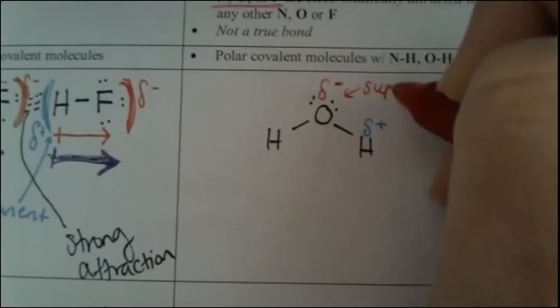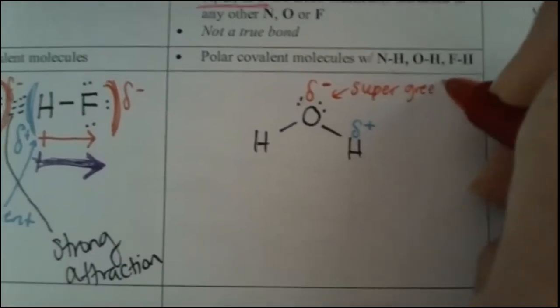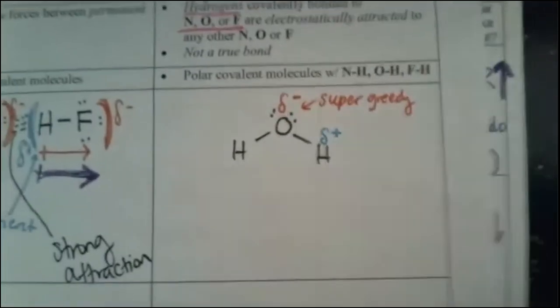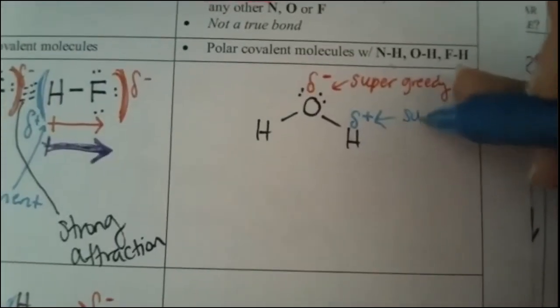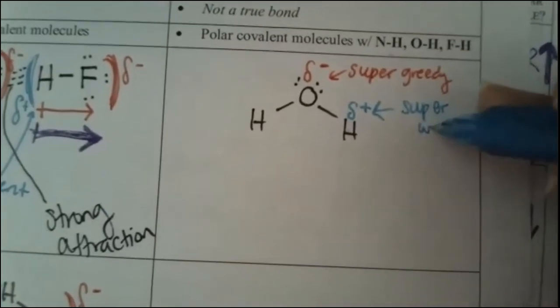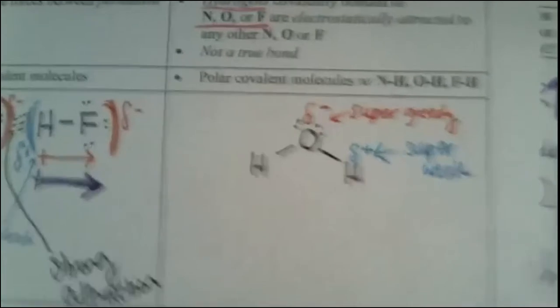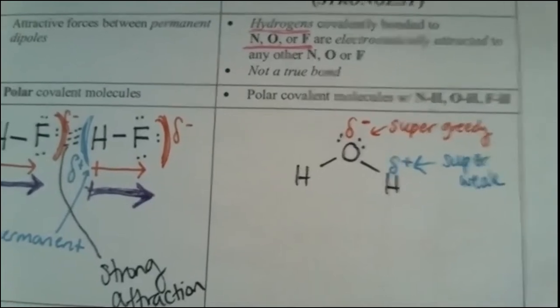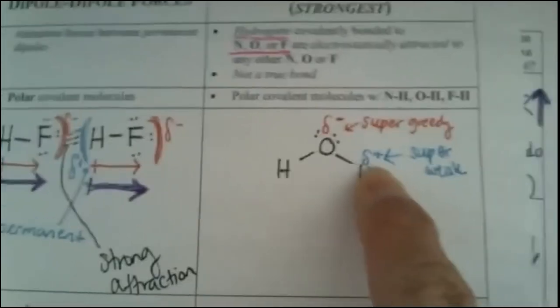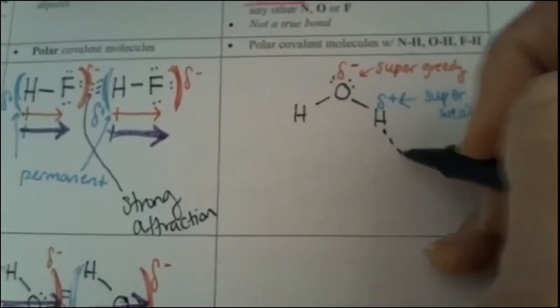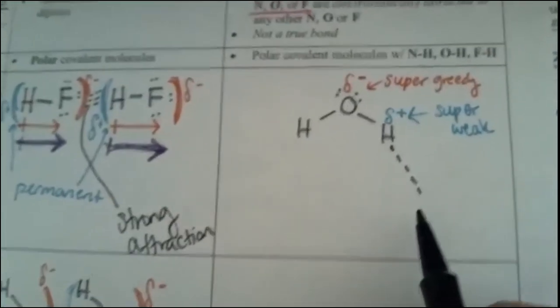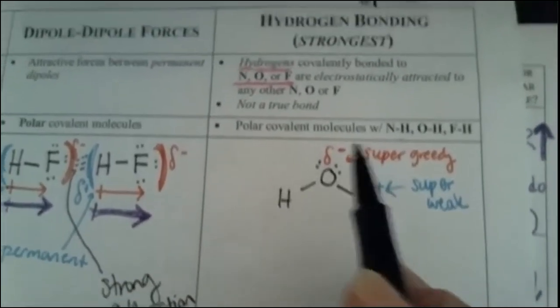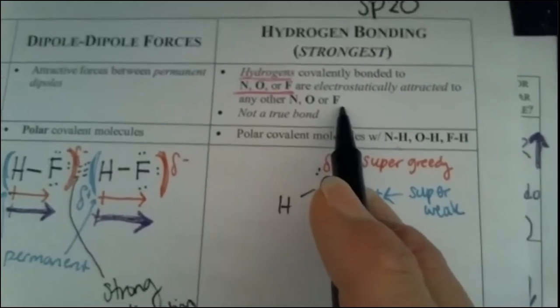Super greedy, and super weak. Super electropositive. But since it's super partially positive, it can attract via the electrostatic force to any other nitrogen, oxygen, or fluorine in another molecule.